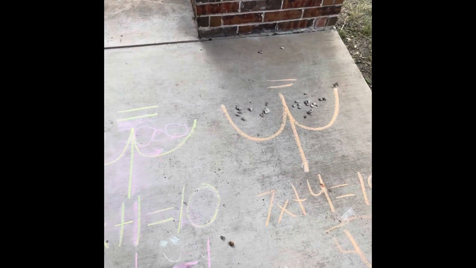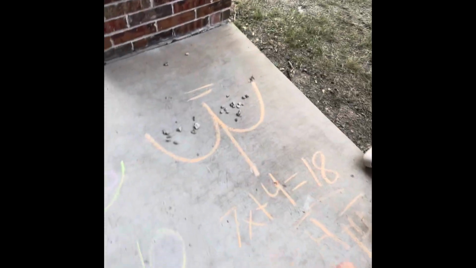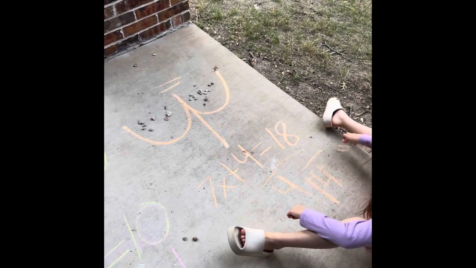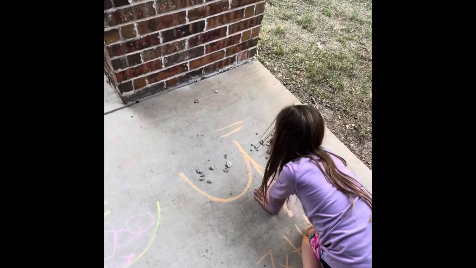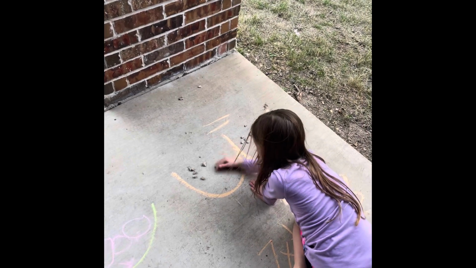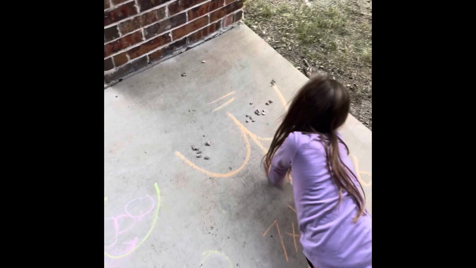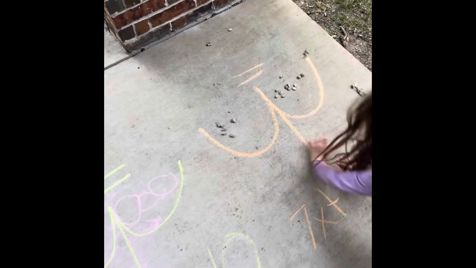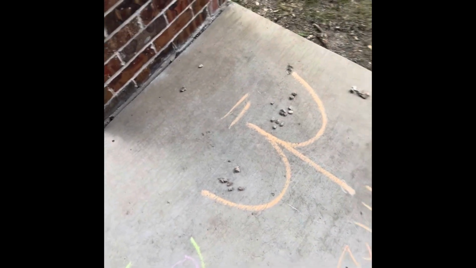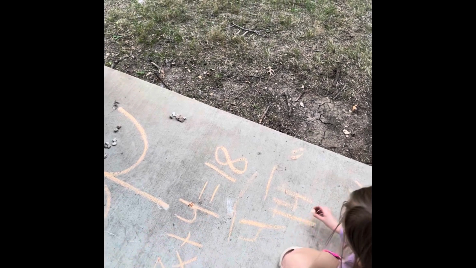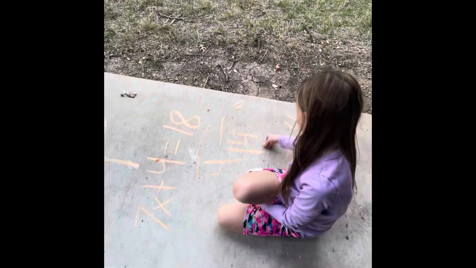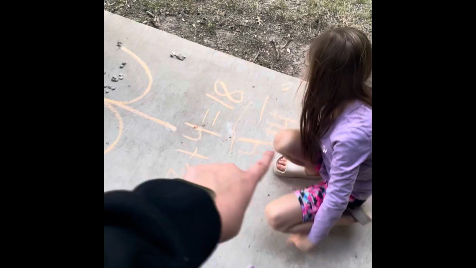Okay, so take away your rocks, do the same thing. Good. So we should have 7 on one side. And now how many do we have? Because 18 minus 4 is what? 18 minus 4 equals 14 right here. Good. 14. Good job. So you wrote it right there.